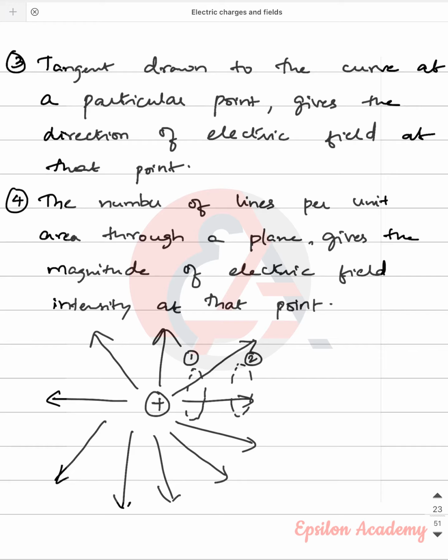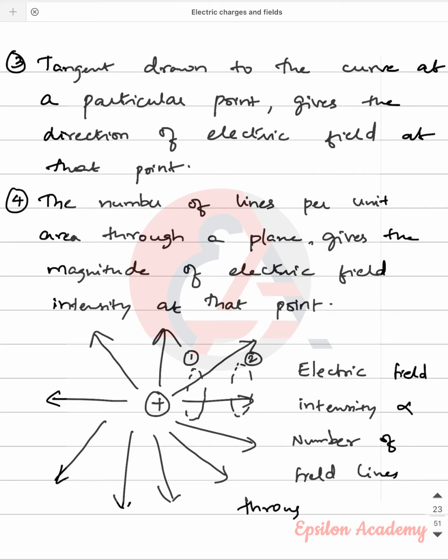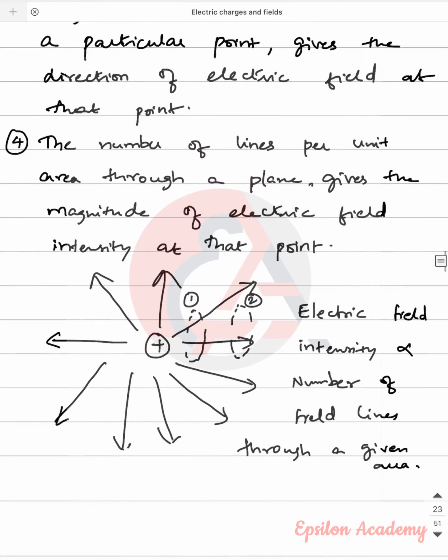So from this, what is that we are able to understand? More is going to be the number of field lines that are passing through a given area, more is going to be the electric field intensity. So from this we can consider electric field intensity is directly proportional to the number of field lines through a given area. So this will give you the magnitude.